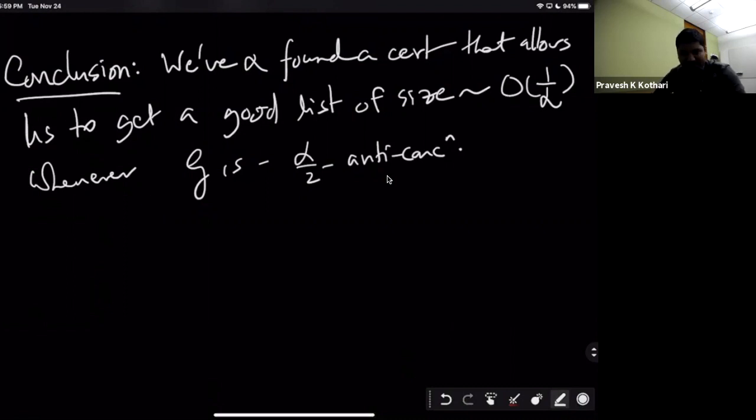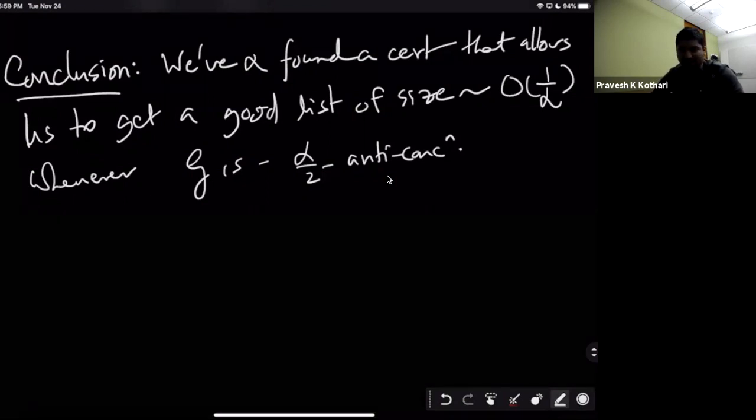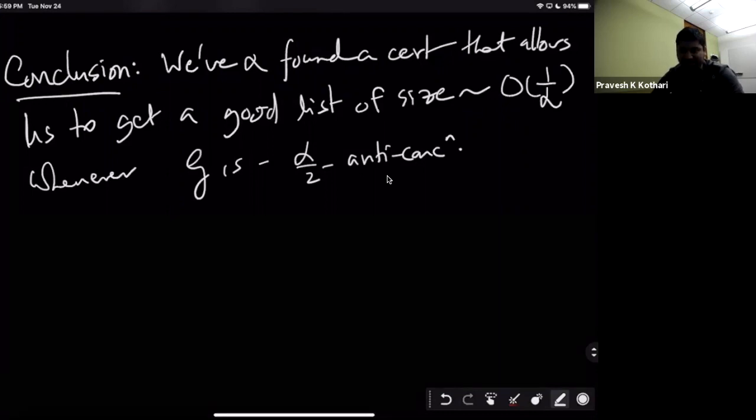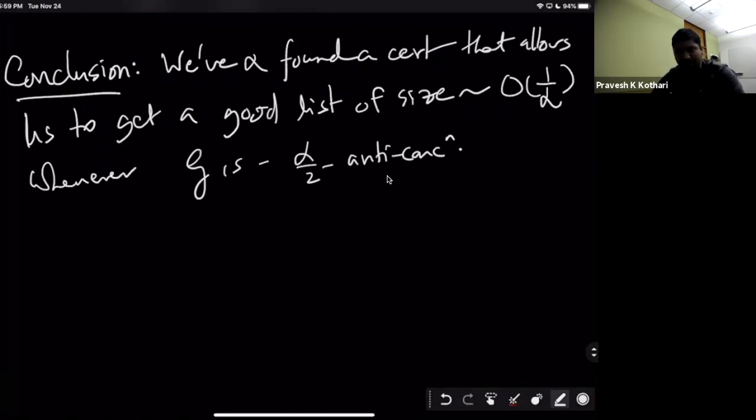As I promised earlier, our certificates were kind of natural and our analysis was kind of natural in the previous lectures. We had to work a little bit to get the certificate and the notion of anti-concentration right here. One other thing you might notice is that we had to play with the assumptions on the good set while we were constructing certificates. This is the interesting part about this whole method of algorithm design. You start from basically no priors on what your assumption should be.